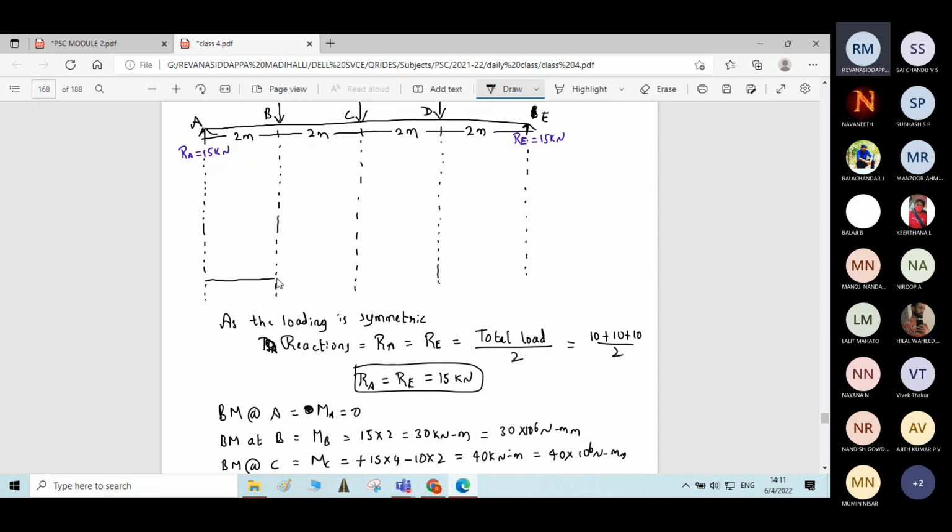Draw the reference line first. Moment at A is 0. Moment at B is 30 into 10 power 6. Then moment at C is 40 into 10 power 6.